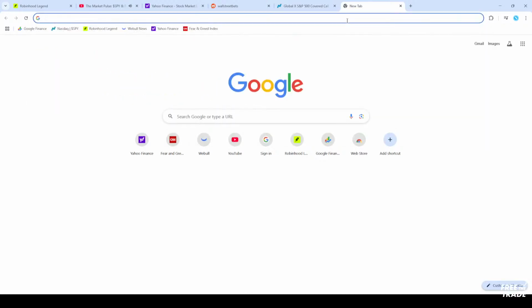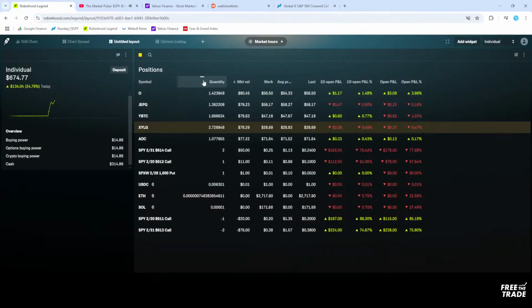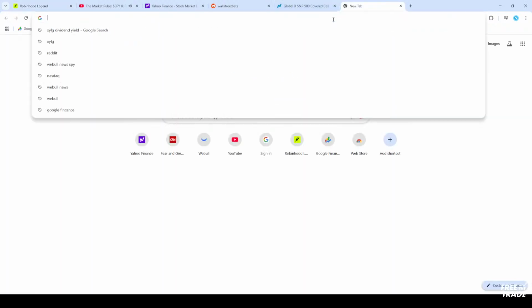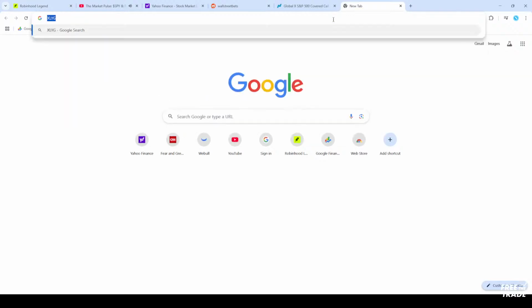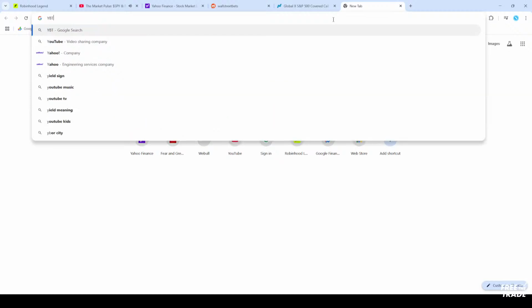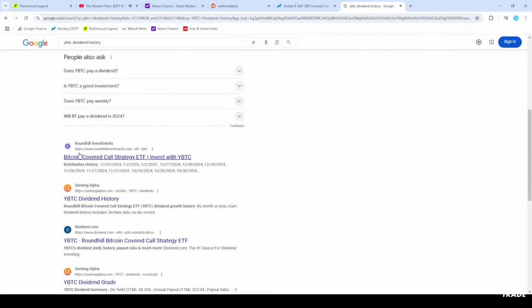I don't want to show my Robinhood account, it's going to be embarrassing. I don't want to show the account number. Maybe we can do this. Let's see. Okay, here we go.